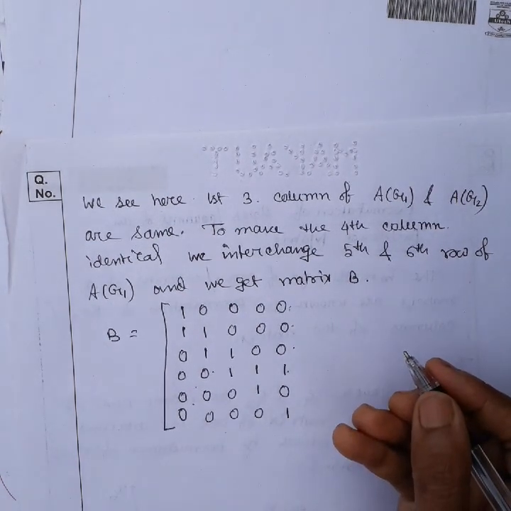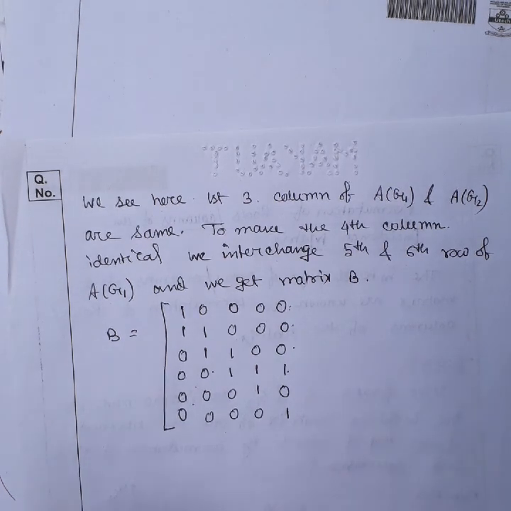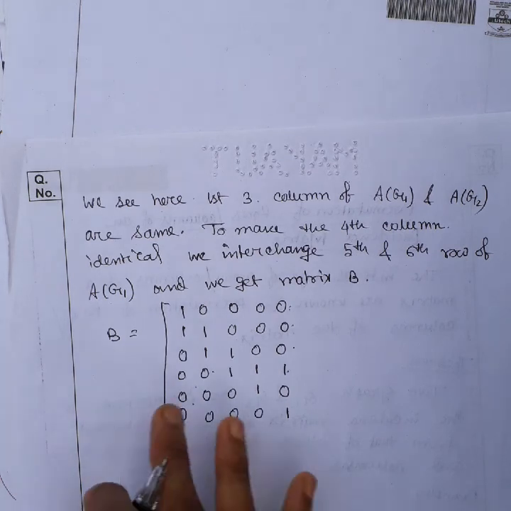Okay, so from B and A(G2) all the first four columns are the same.